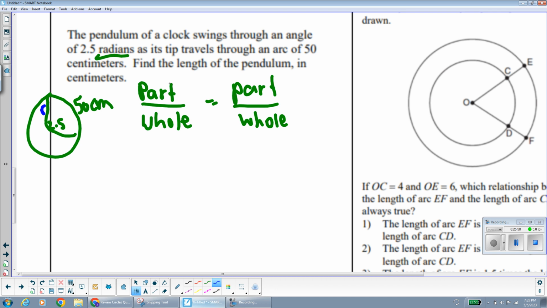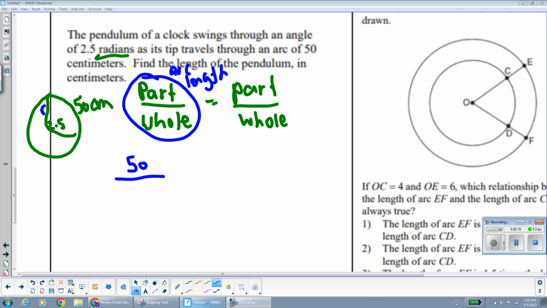So on our side over here, that's going to be about arc length. The arc length of this section of the circle is 50 centimeters. We already know that. And the arc length of an entire circle, we're basically talking about circumference when we're talking about all the way around on the circle.